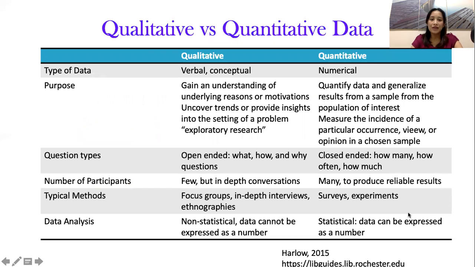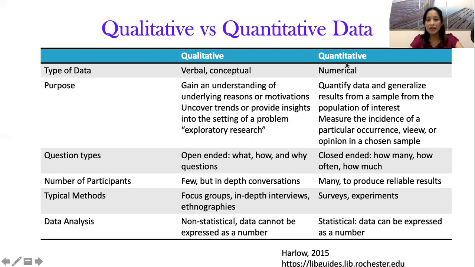So what's the difference? No? In qualitative, usually it's verbal. Usually you just generate concepts, no? So for example, let's say you're in a focus group discussion and you have a question, and then three people are agreeing on one concept. So you have just that one concept that can be part of your data.